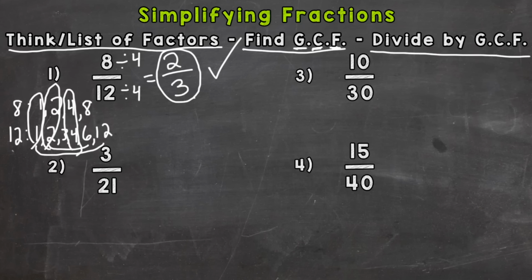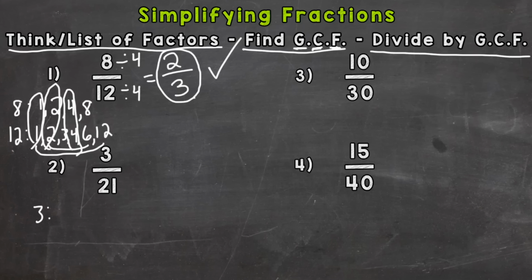So let's go to number 2. We have 3/21. And a common misconception is that if we have odd numbers, then it's automatically simplified. And that's not true. We have a common factor between 3 and 21 where we can break this down. So let's list the factors for 3 and 21. Let's start with 3.